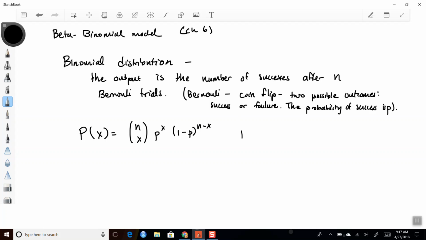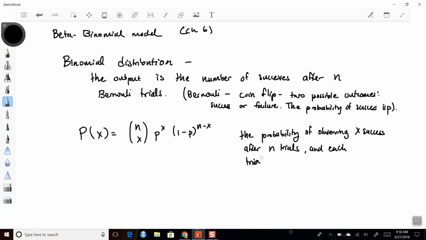This is the probability of observing x successes after n trials, and each trial has probability P of success. Okay, so that is the binomial distribution.